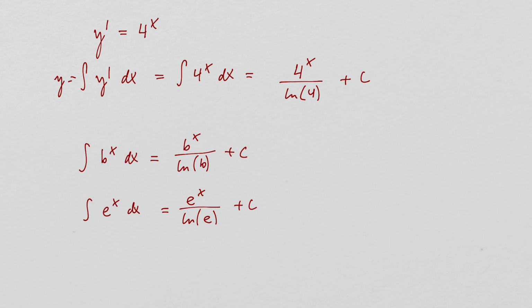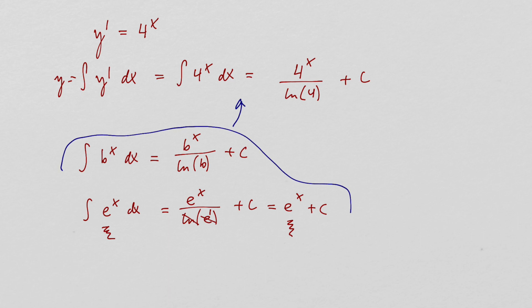But now ln of e to the power 1 is just 1, and we get the familiar result that the integral of the exponential is the exponential. Okay, so we just had to integrate. Here we were thinking a little bit about how the integral was done.